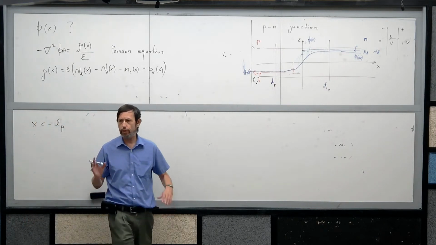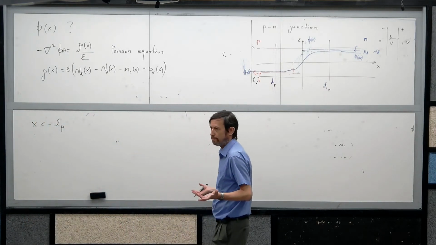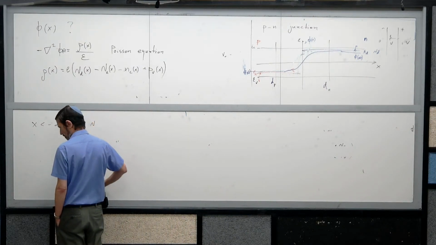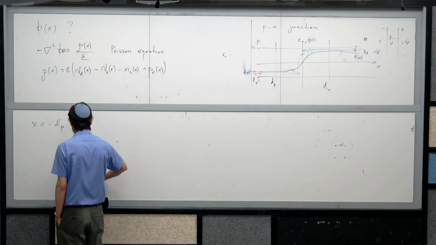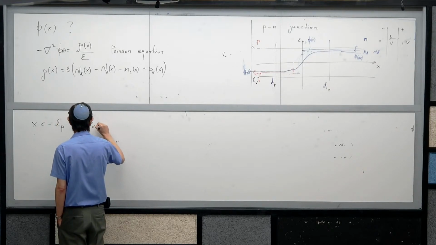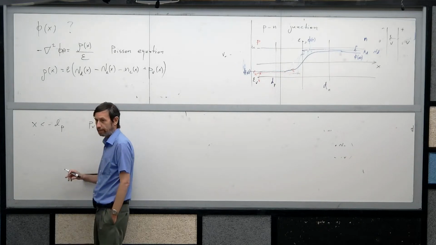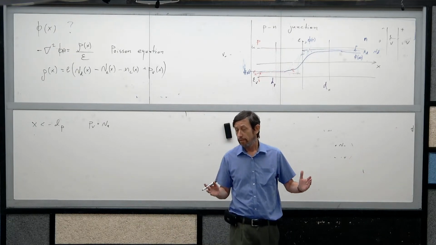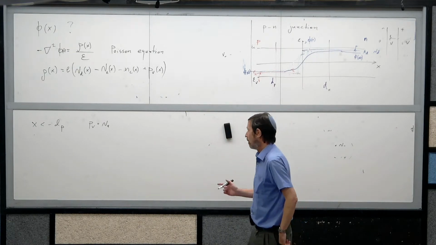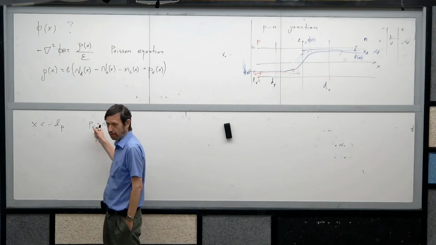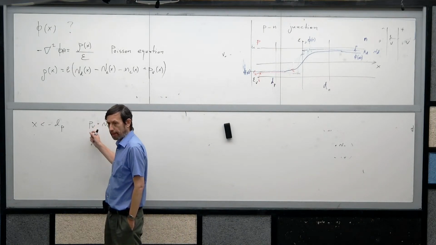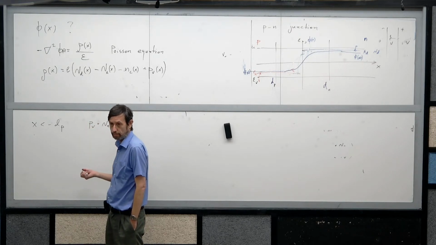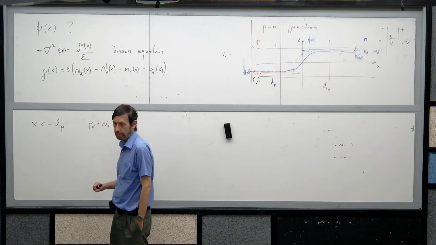More or less by definition, for all the region to the left of my depletion, I have the simple case, just writing down what I said in words several times. Far from the boundary, all the acceptors accept electrons from the valence band and leave their holes. PV equals NA.